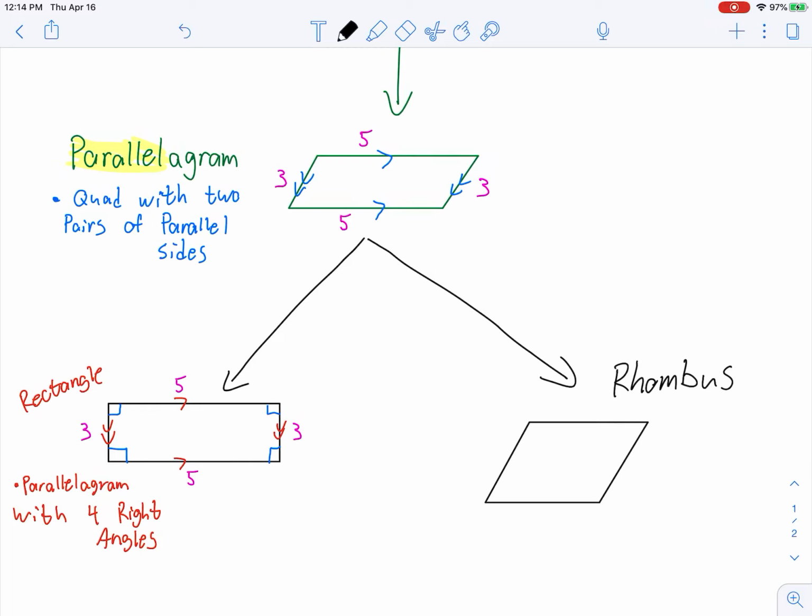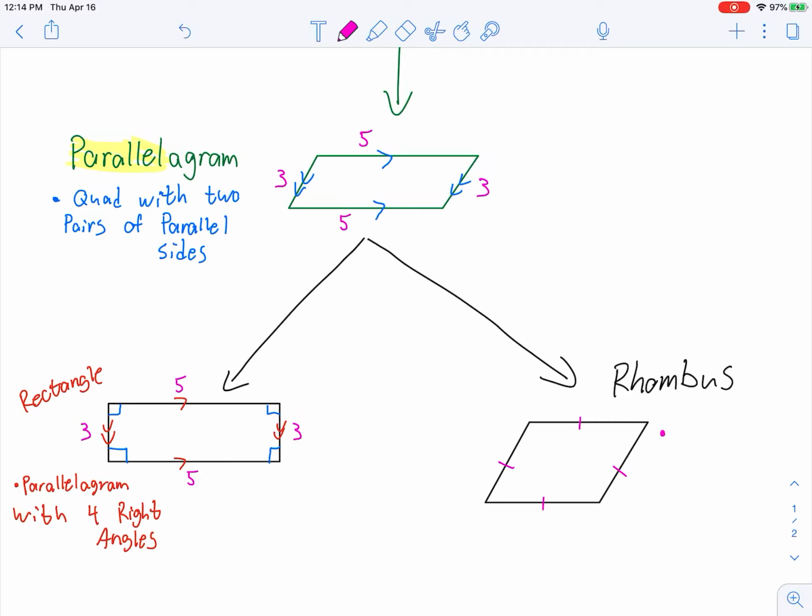But what we do know about a rhombus is that its sides, I'm going to use a different color, so remember when I used these tick marks? Each tick mark meant that they are all the same. So all the sides are equal to each other.